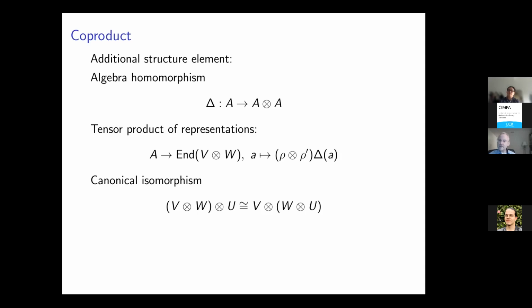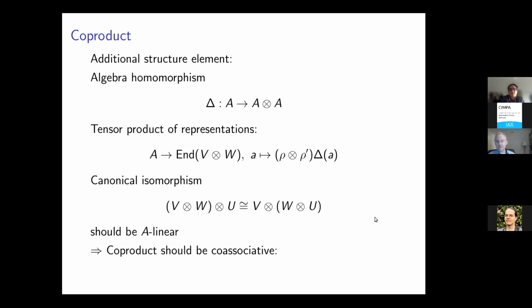And in particular, there is this canonical isomorphism between the two ways to bracket a product of three representations. And this is, of course, a vector space isomorphism, just moving the parentheses. But we want that this is A-linear, so a module homomorphism or a homomorphism of representations.